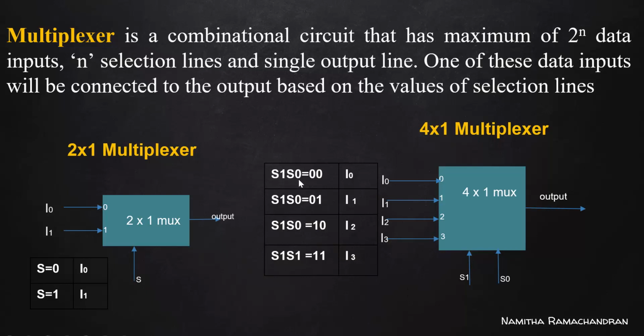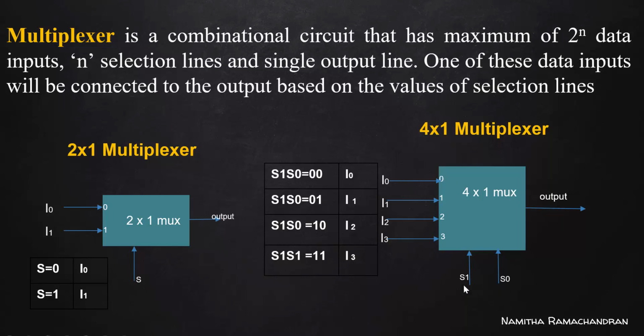If S1, S0, the value is like this, 2 selection lines. So what are the possible combinations for the selection lines? 0 0, 0 1, 1 0 and 1 1. If this combination is like 0 0, which is equivalent to 0, so input 0 is now connected to the output line.